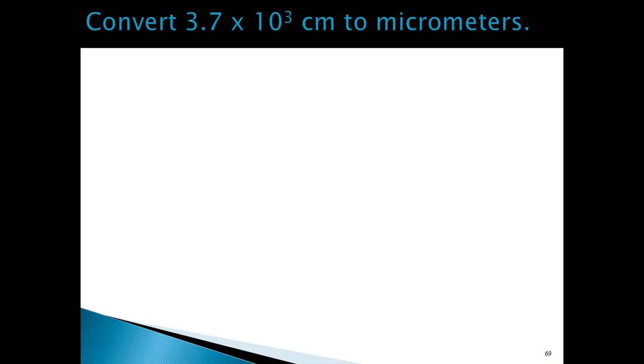Alright? Now here's one that is slightly more complicated, because in this case you're asked to convert from, let me write it down here, 3.7 times 10 to the 3 centimeters, and you're to convert it to its equivalent value in micrometers. Alright? So how do we do that?